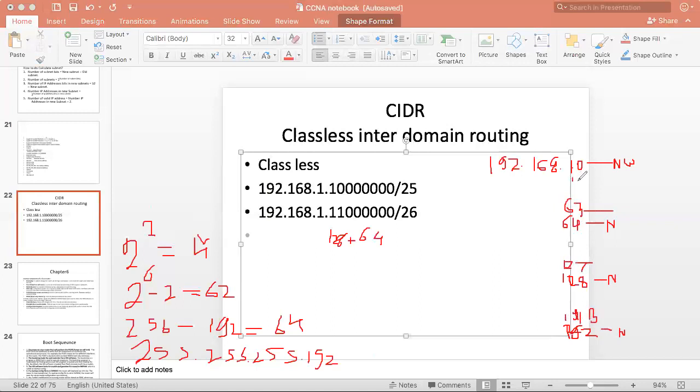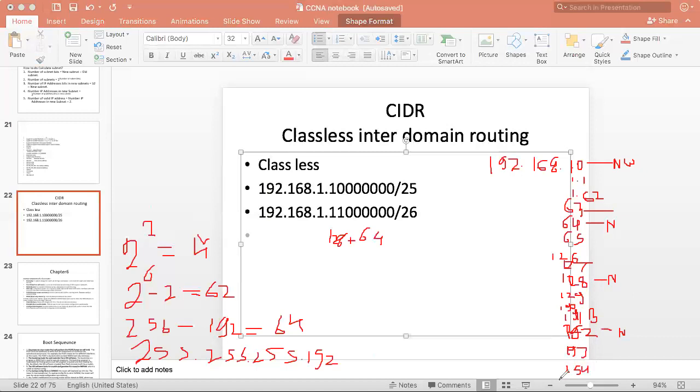Which means 1.1 to 1.62 will be the valid IP addresses in the first network. 65 to 126 will be the valid IPs, 129 till 190 valid IPs, and 193 till 254 valid IPs.